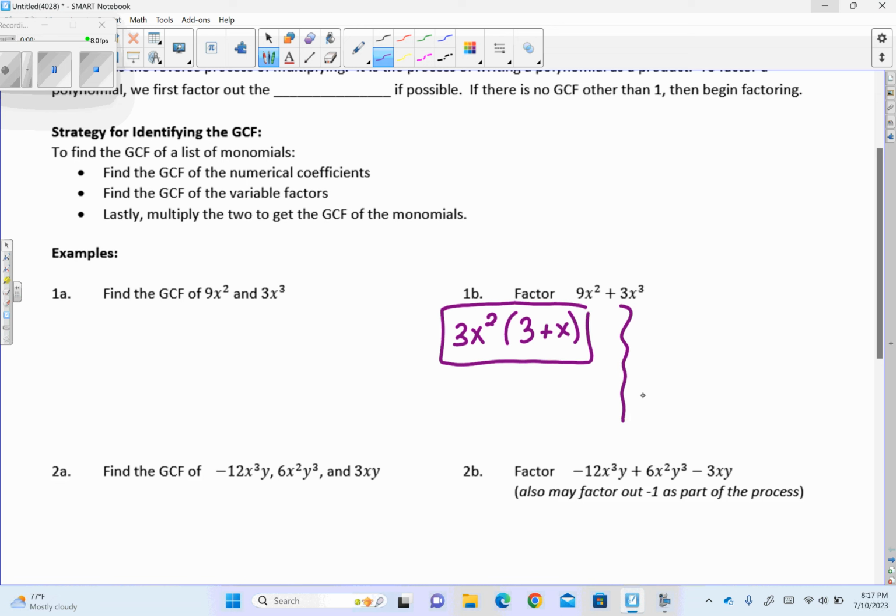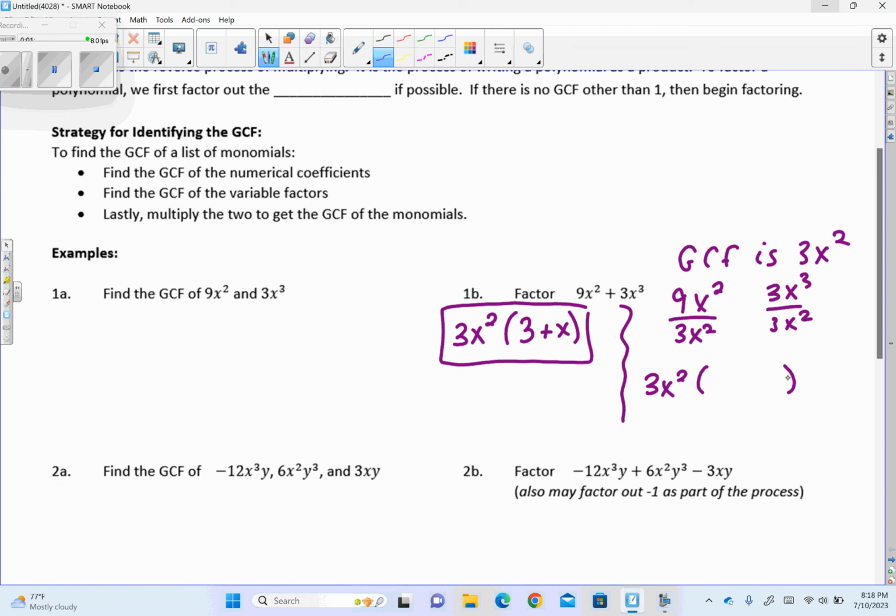The second way we can look at it is division, where if I know that the GCF is 3x squared, we can divide each one of the terms in the polynomial by that GCF, and that will give me what I need to multiply by.